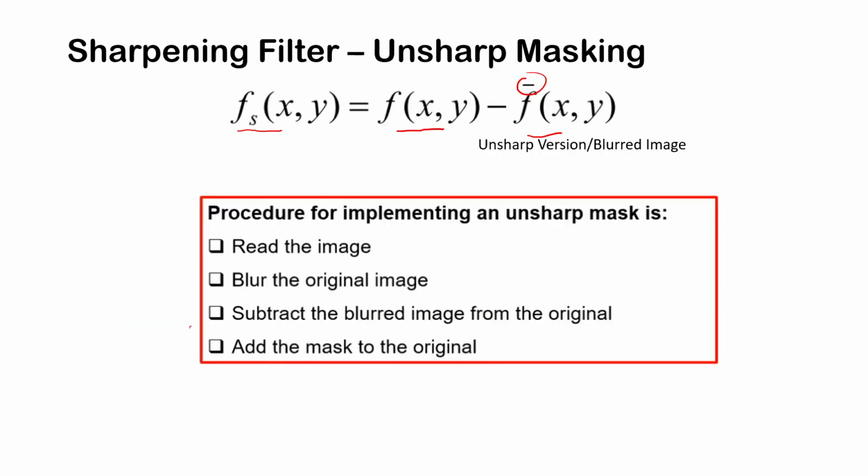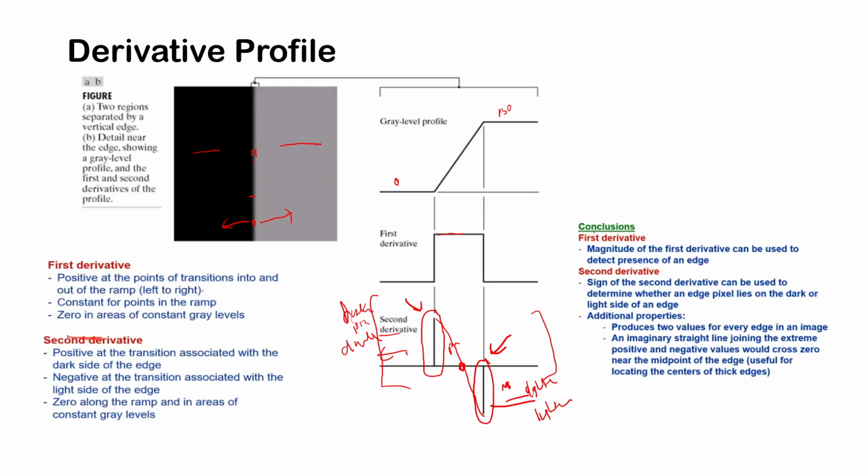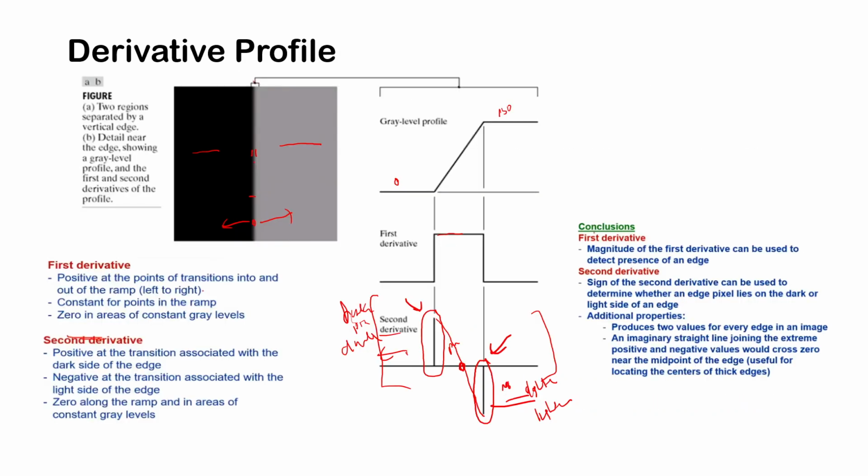Okay, so just to conclude, this is quite simple. For the sharpening process, you must use the concept of spatial differentiation, and it must be the second order derivative, because the first one is the gradient from just now. And then there are two operators that we are going to learn.